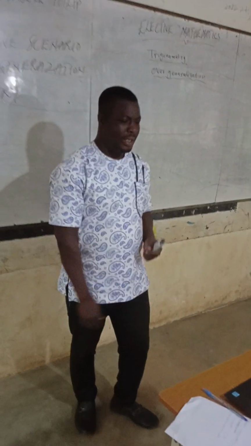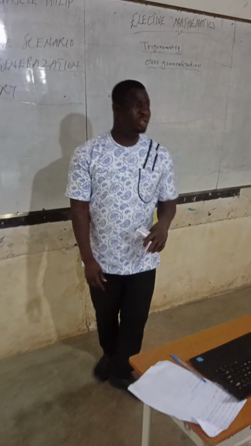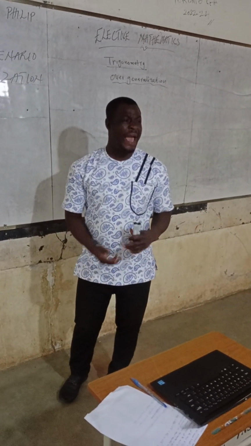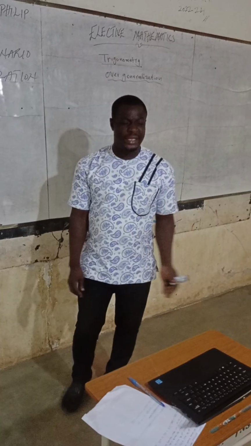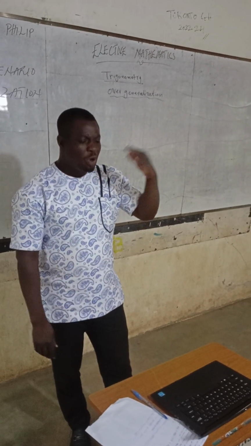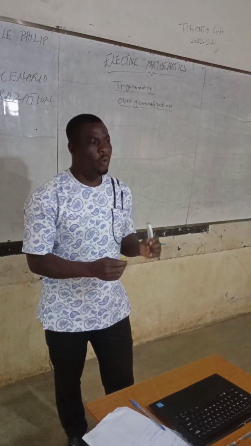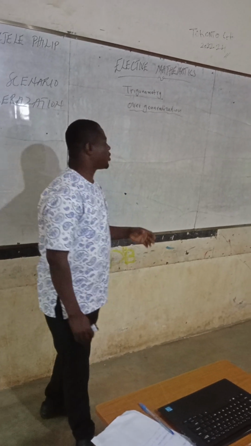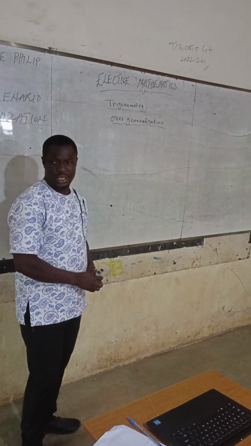As you rightly put it, overgeneralization normally happens when learners apply mathematical rules or patterns or concepts too broadly, beyond the situation where it is valid. That is what is known as overgeneralization.